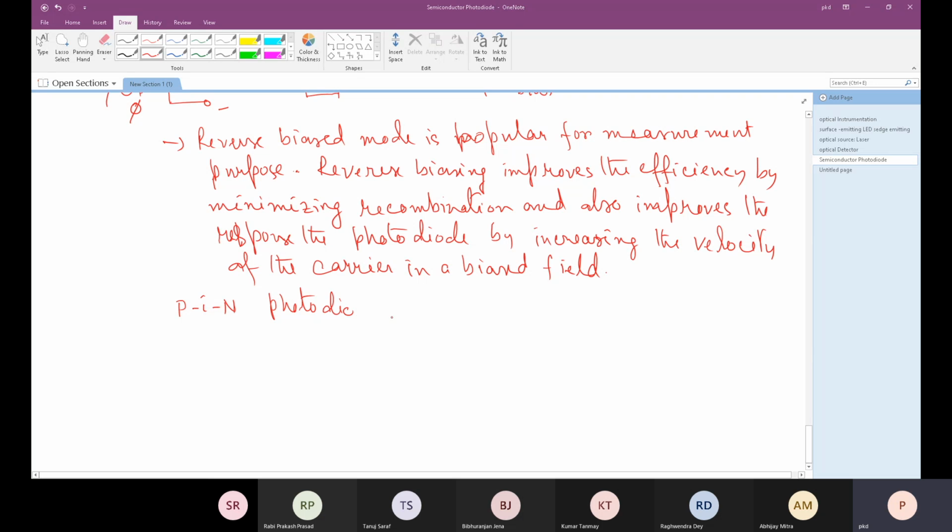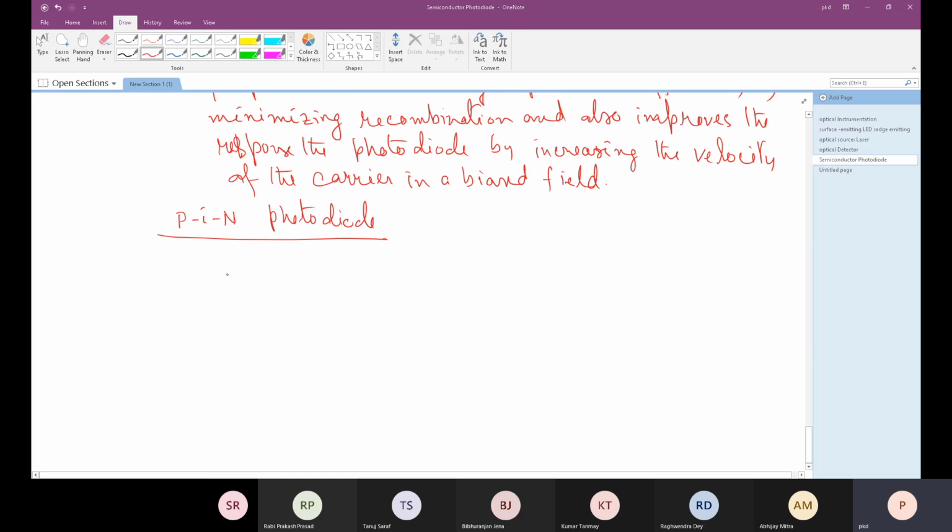PIN photodiode is the same as PN photodiode. However, the depletion layer in PIN photodiode is much larger. This is known as the intrinsic layer.